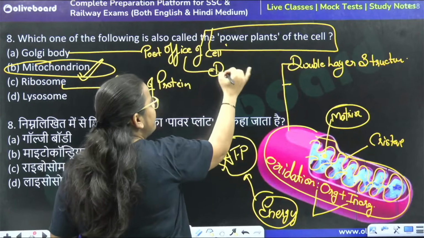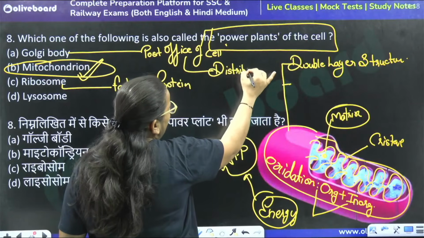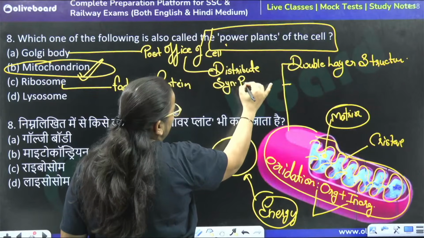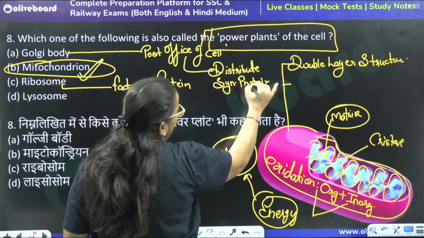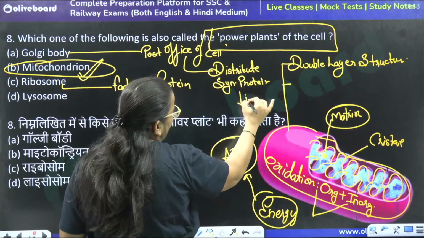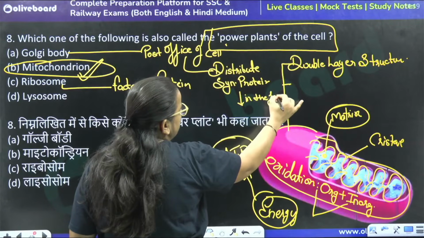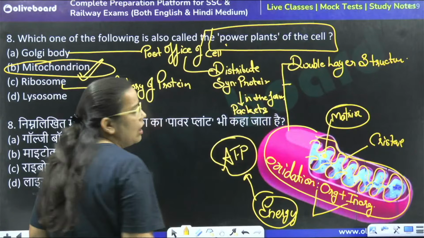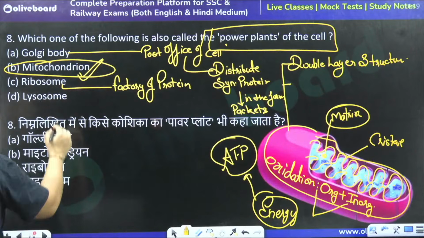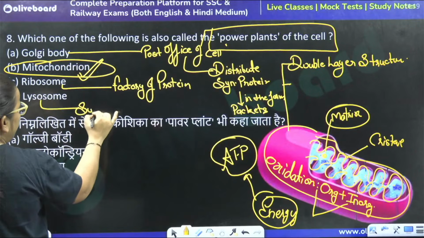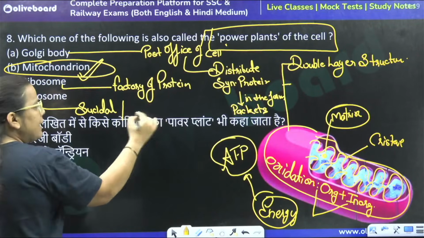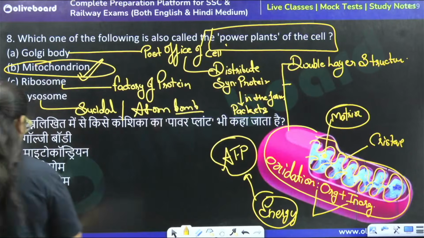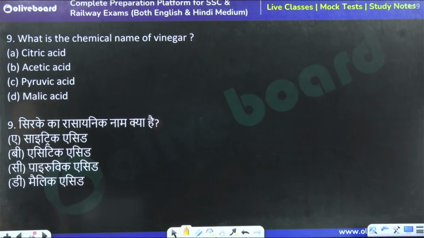Reason is because it distributes synthesized protein in the form of small packets. Okay, clear? So this is the part. Now lysosome, this is termed as a suicidal bag, or sometimes you also call it the atom bomb of the cell.